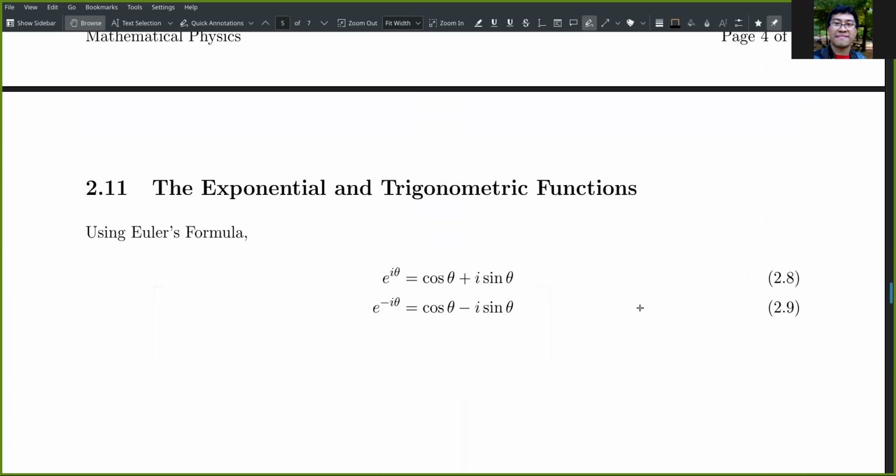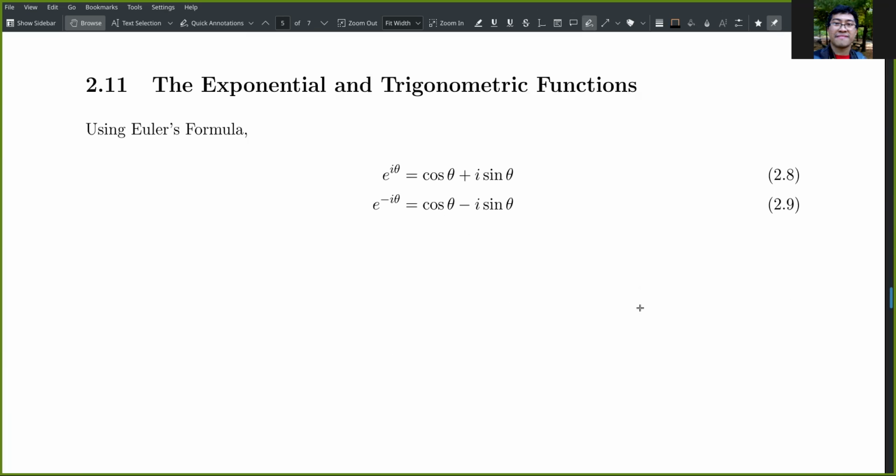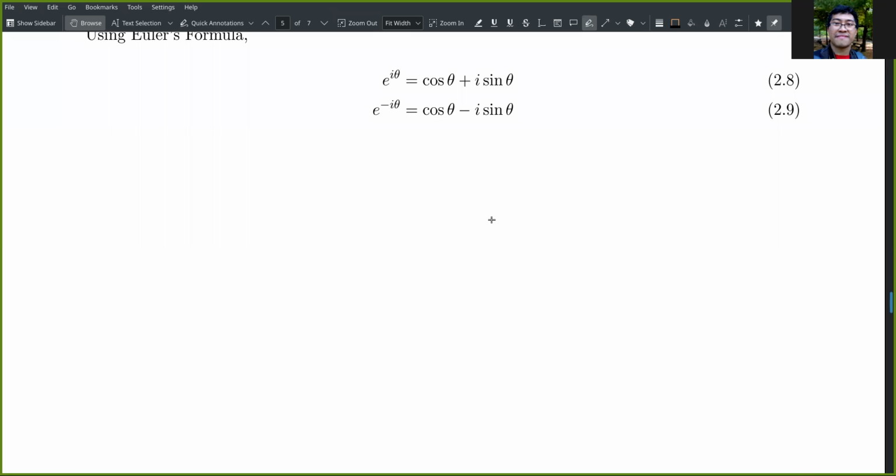Now let us consider exponential and trigonometric functions. Using Euler's formula, e^(iθ) is cosine θ plus i sine θ. e^(-iθ) is cosine θ minus i sine θ. Now we add the two equations, so adding 2.8 and 2.9, and dividing by 2.